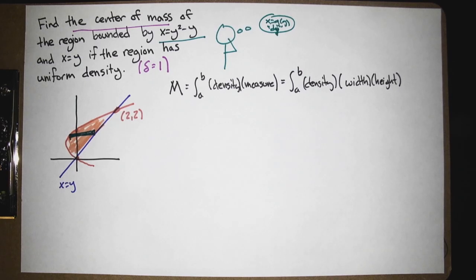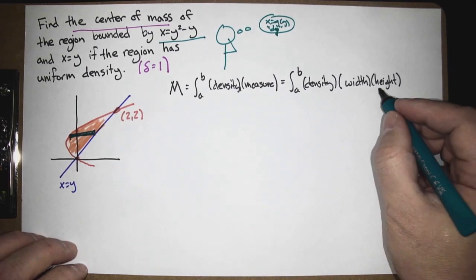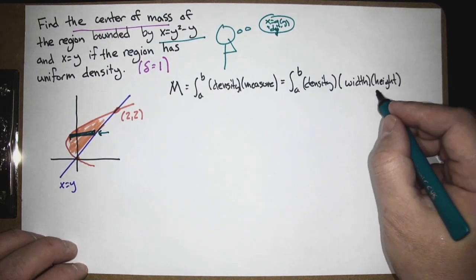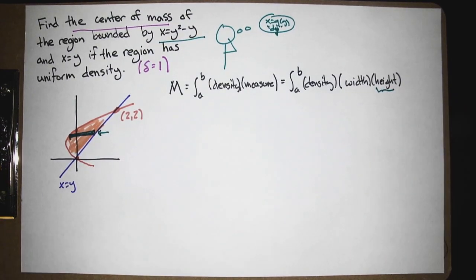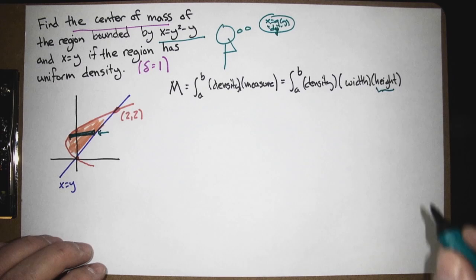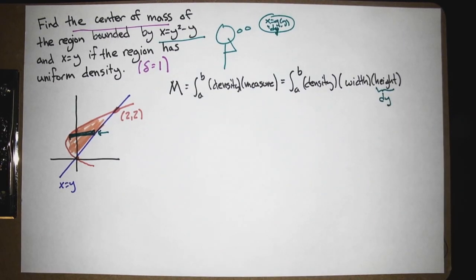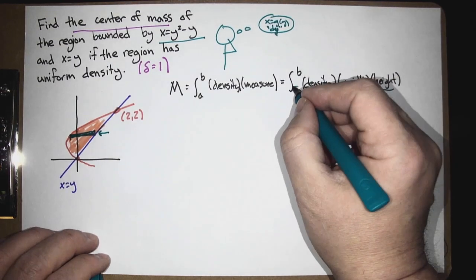Let's start with our height. So our height is this little tiny piece over here. What will that be? dy. Integrating with respect to y. The dx or dy should show up somewhere naturally in your expression, so now we found it here. Now let's turn to the bounds.